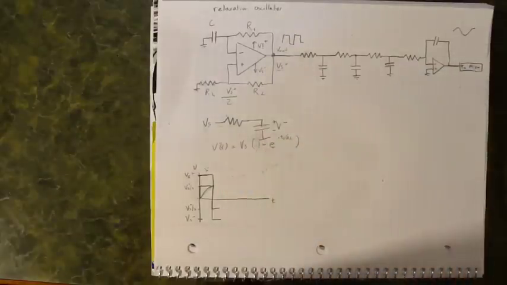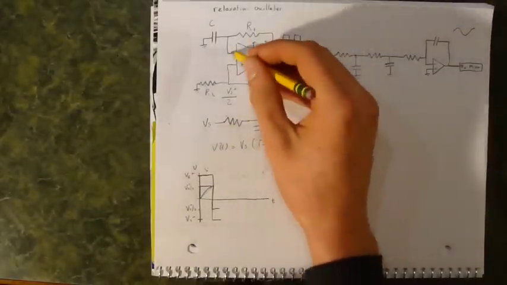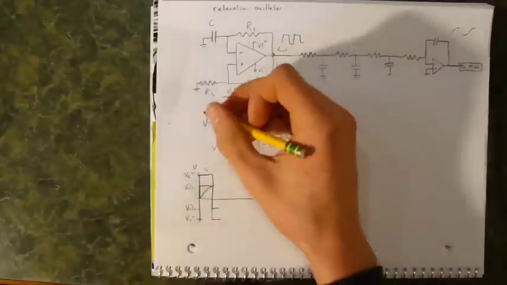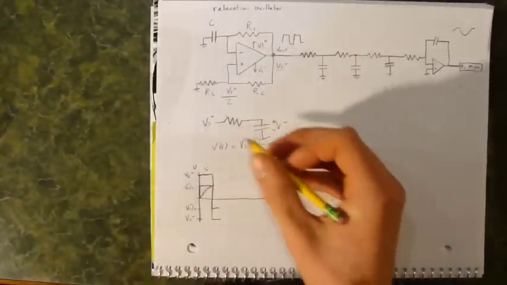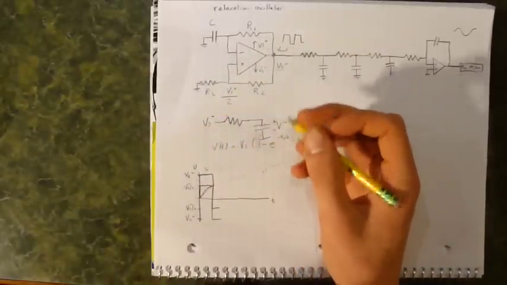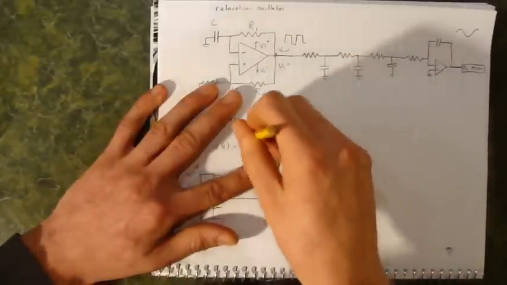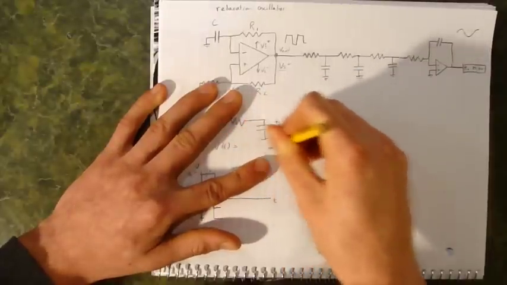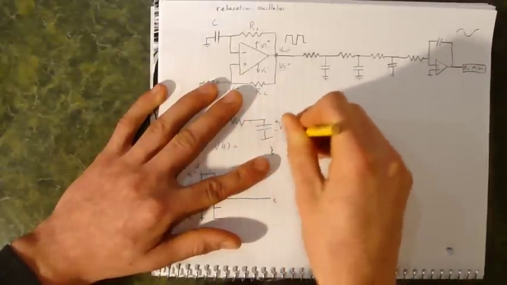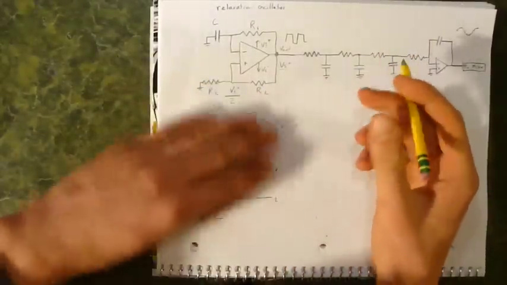And let's now look back at the V negative pin. So now this is negative Vs, so V minus in terms of t will equal this new function.